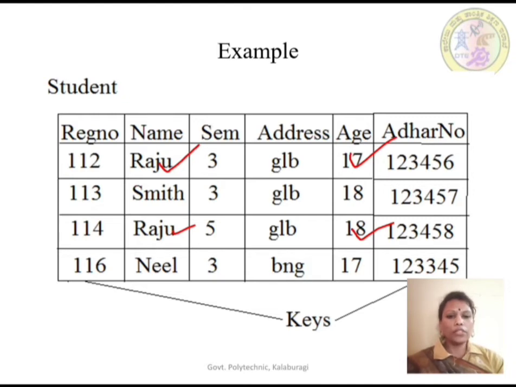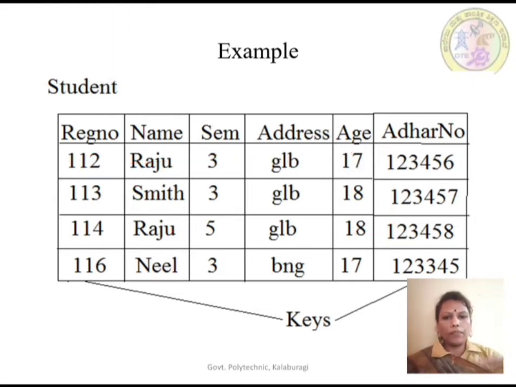So if I use a register number instead of name, if I use 112 to identify that particular student and I want to know the age of that student, then using 112, I'll get 17 as the age. I am going to get only one value for my required answer. So that is the correct answer.